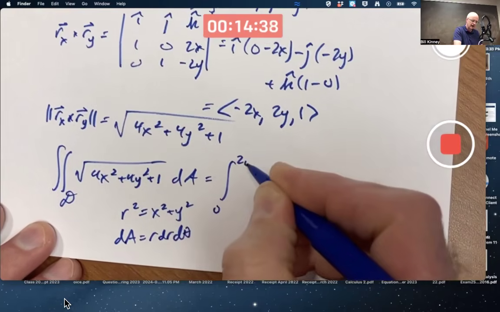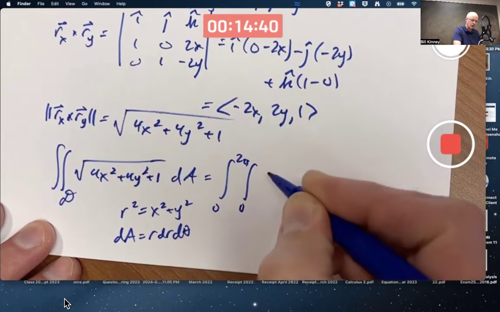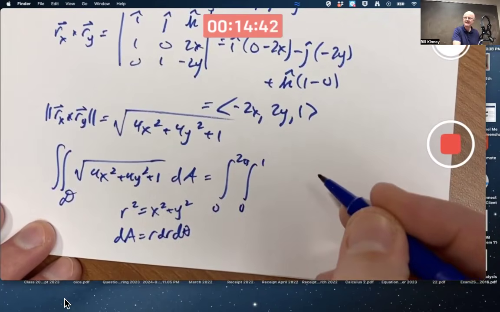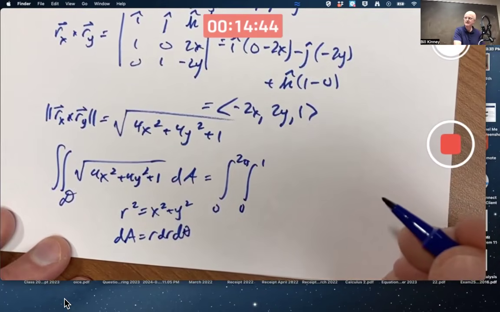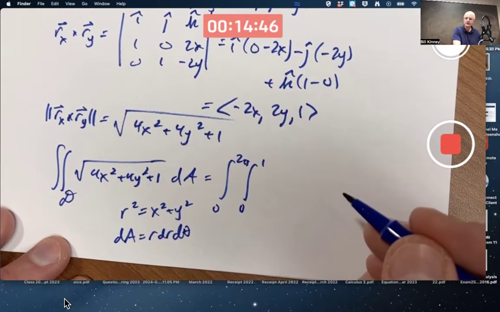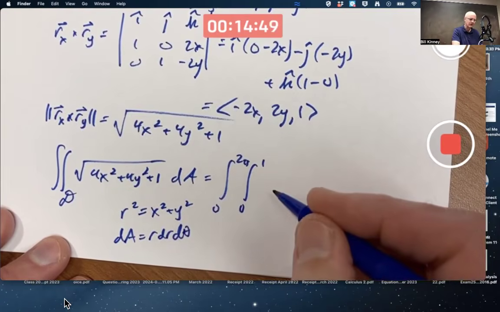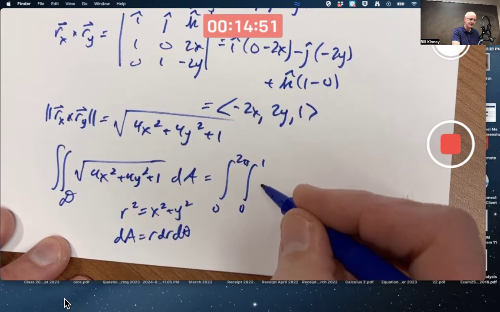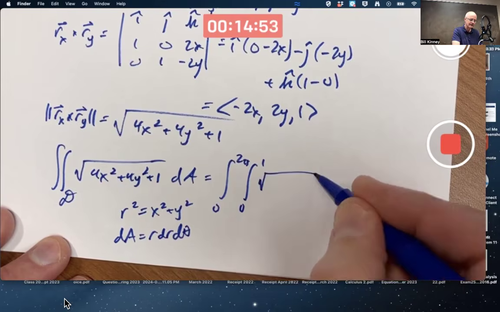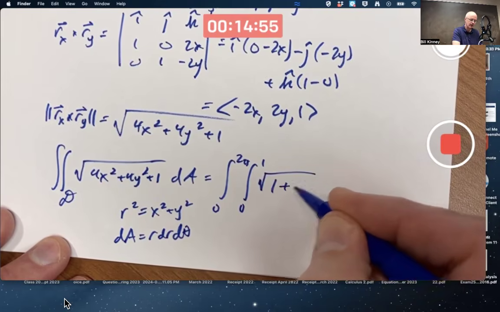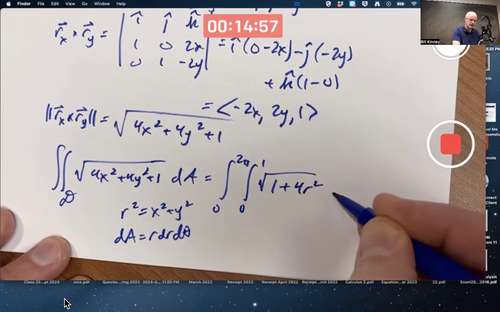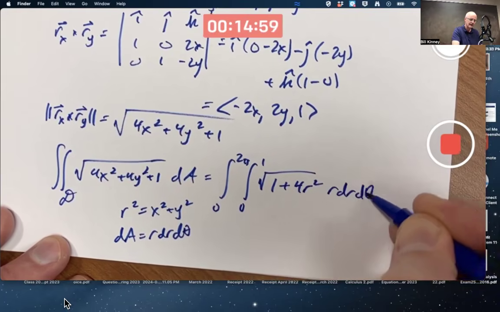Theta goes from 0 to 2 pi, r goes from 0 to 1. So the limits of integration after conversion to polar coordinates are the same as what we did with u and v, because u and v were effectively polar coordinates. But then the integrand becomes the square root of 1 plus 4r squared, times r dr d theta.